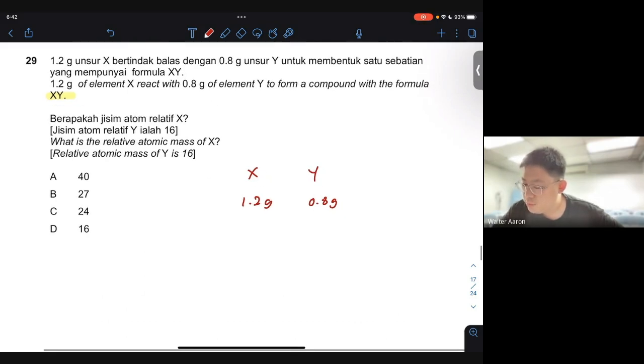So 1.2 divided by X, and 0.8 grams divided by 16. Let's see how much you get.